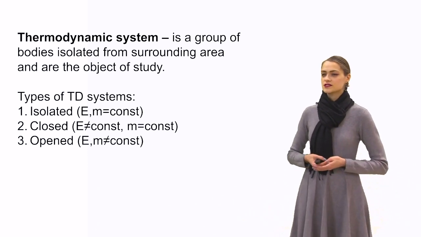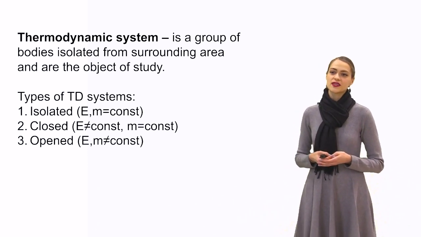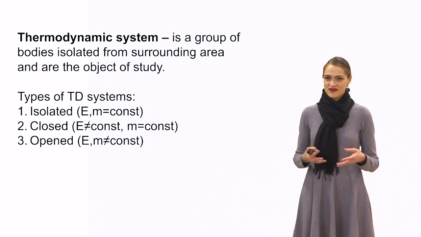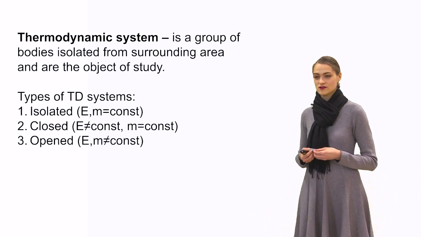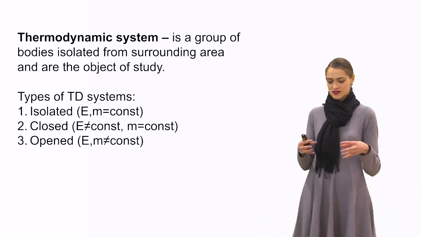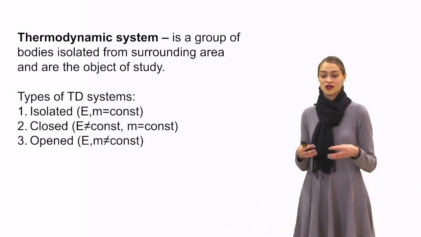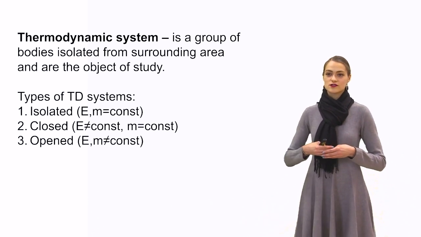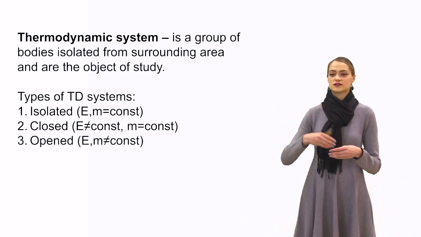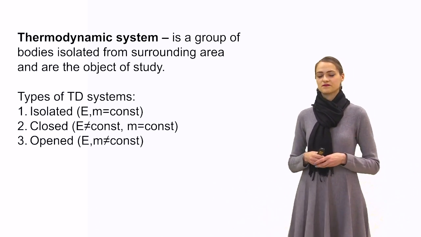What does a closed system mean? Closed system, the same as isolated, we don't have exchange of mass, so the mass of the whole system is constant, but now we have heat effect, we have exchange of energy. So energy can go out and come into the system.